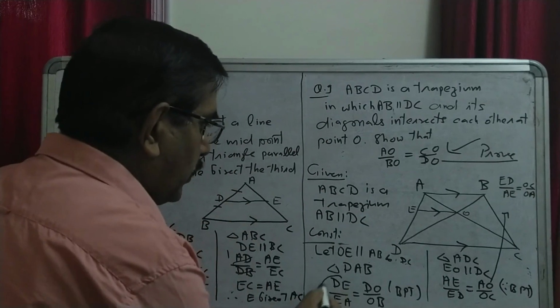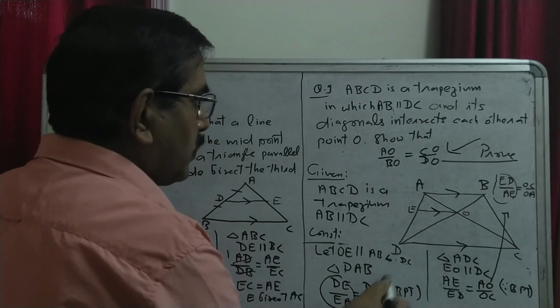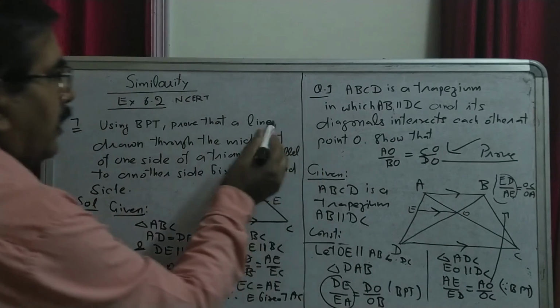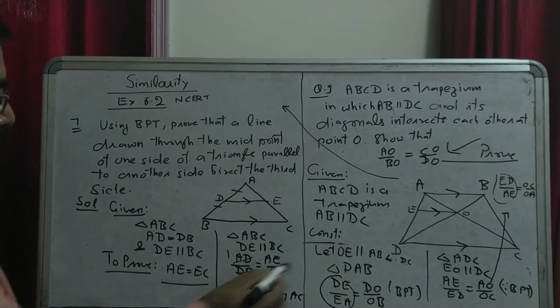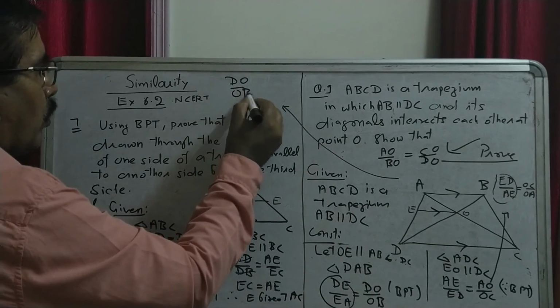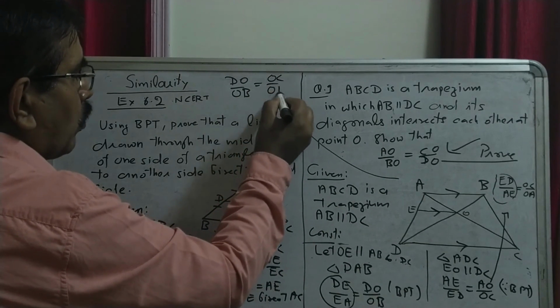Now you watch this and this, they are equal. So what does it mean? It means, writing the result here, from here you get DO over OB is equal to OC over OA.